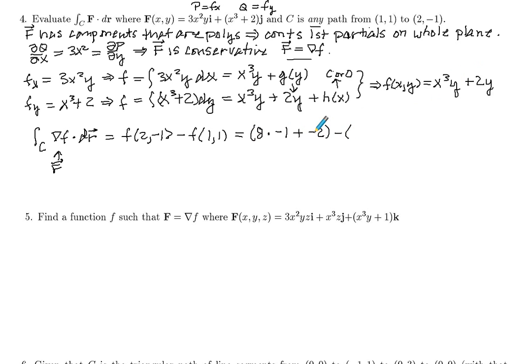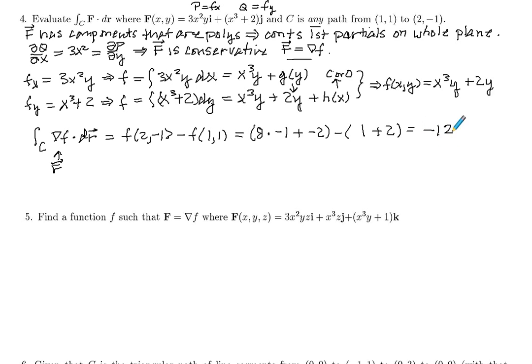And then we're going to subtract, plugging in 1, 1. So 1 cubed times 1, which is just 1, plus 2 times 1, 2. So here we've got -8, and then -2 is -10. And then minus 2 more, -12.